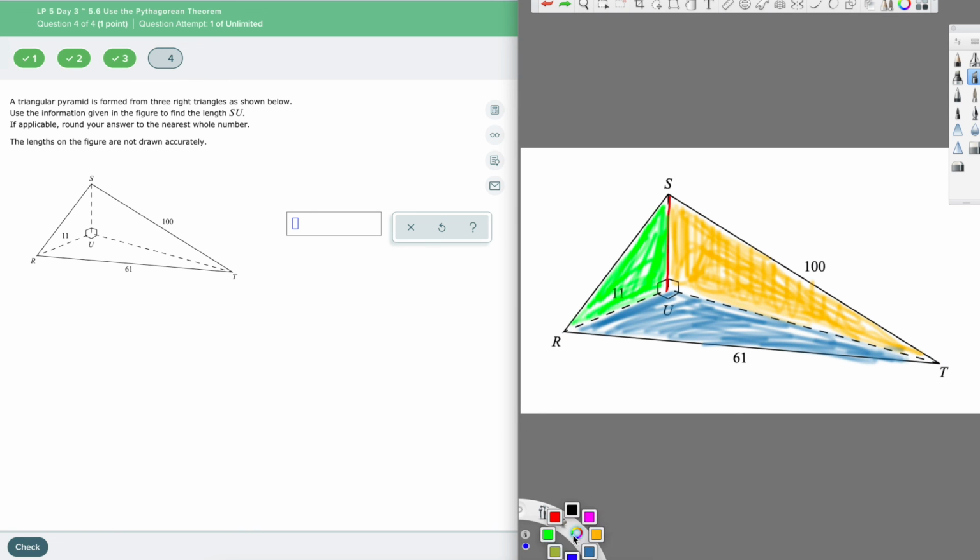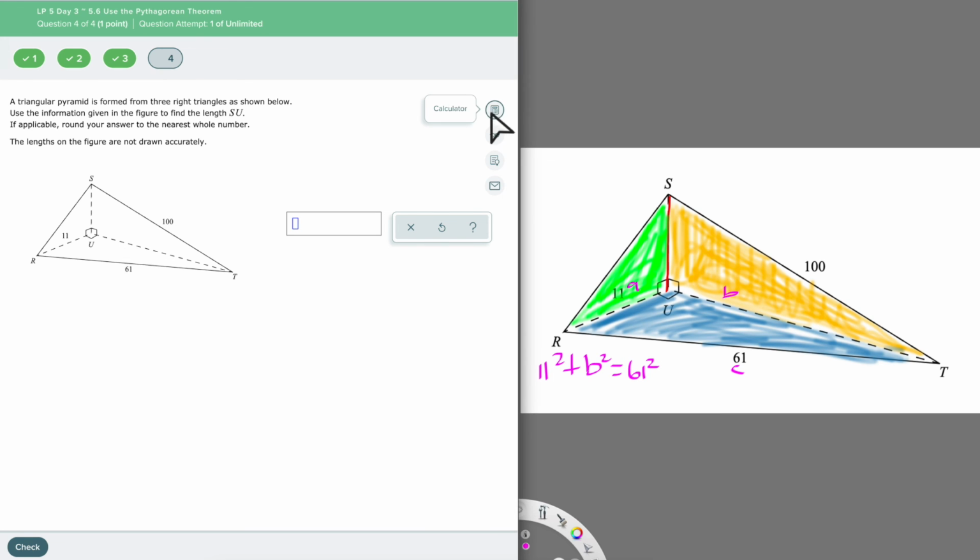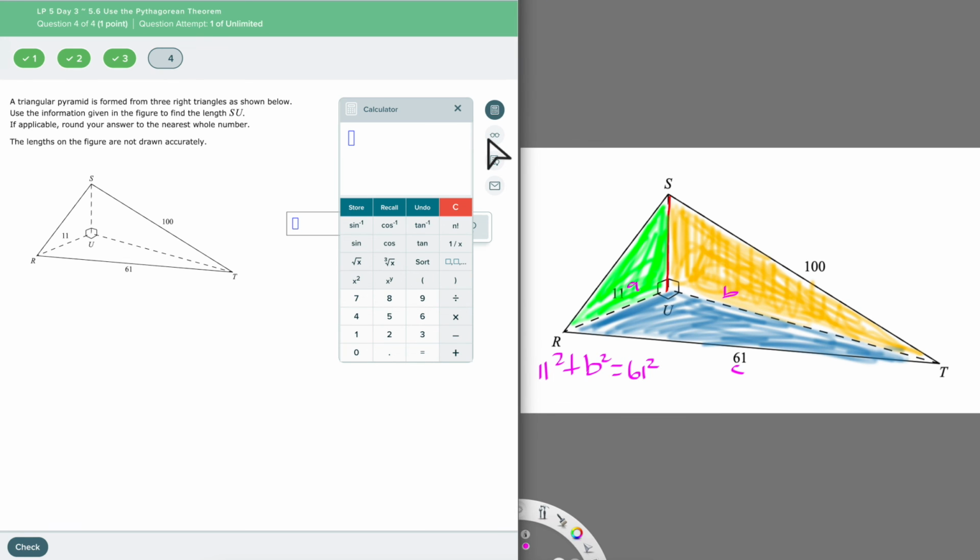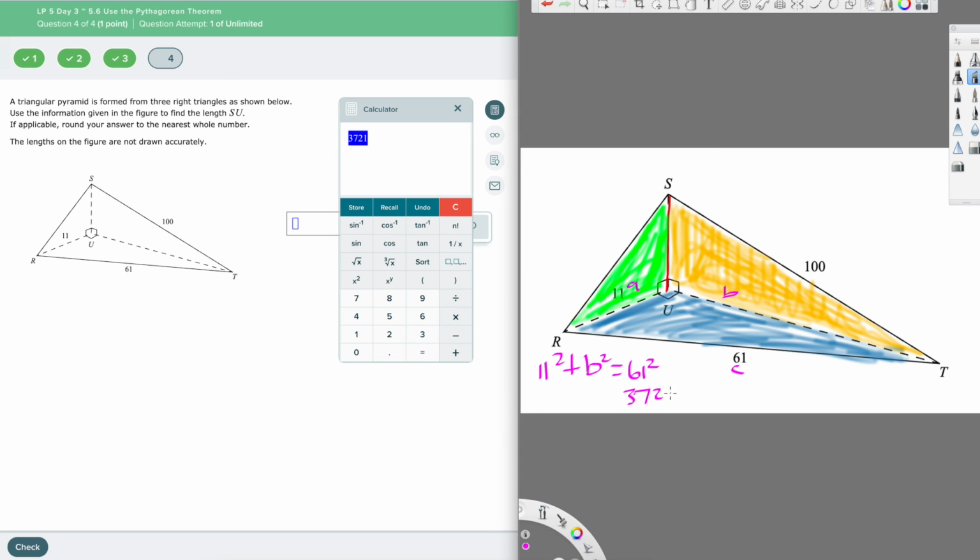So let's go ahead and look at this. We have 11 squared plus b squared, because we're going with a, b, c, and that equals c squared. Let's go back to our calculator here. We have c squared, which is 61 squared. We get 3,721 equals 121 plus b squared.